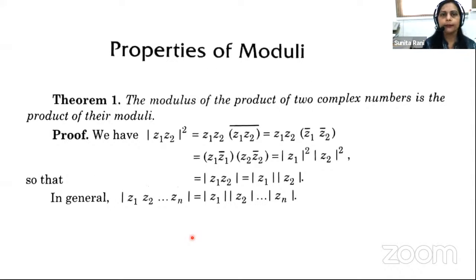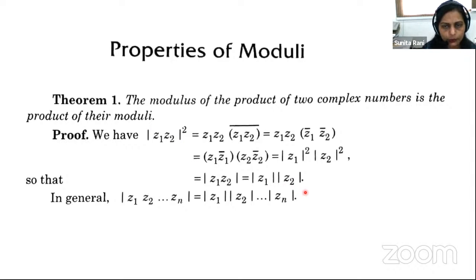Okay, there are some properties, or you can say some theorems, related to the conjugate and the modulus of the terms. There is a theorem: the modulus of the product of two complex numbers z1, z2 is equal to the product of their moduli.